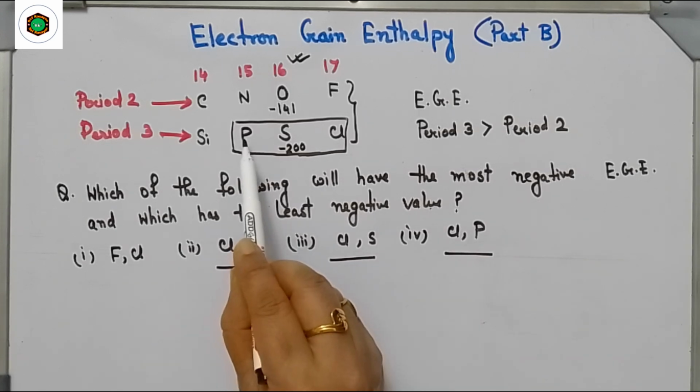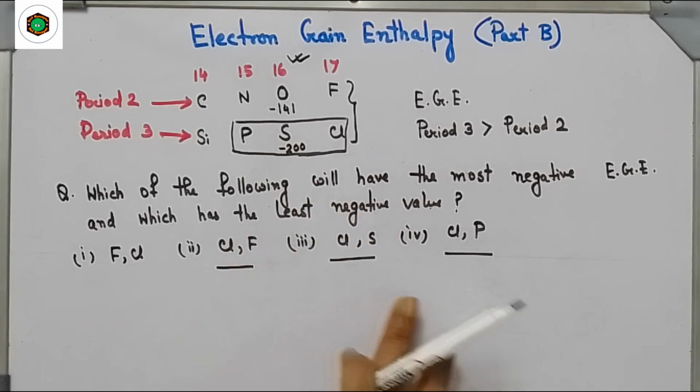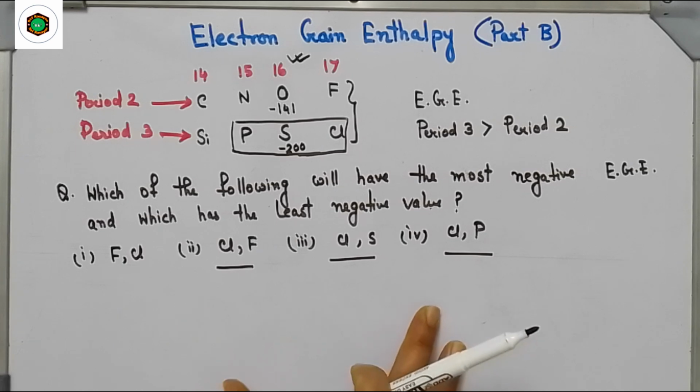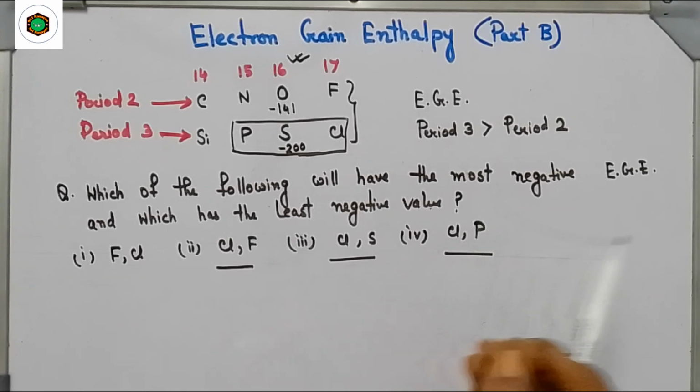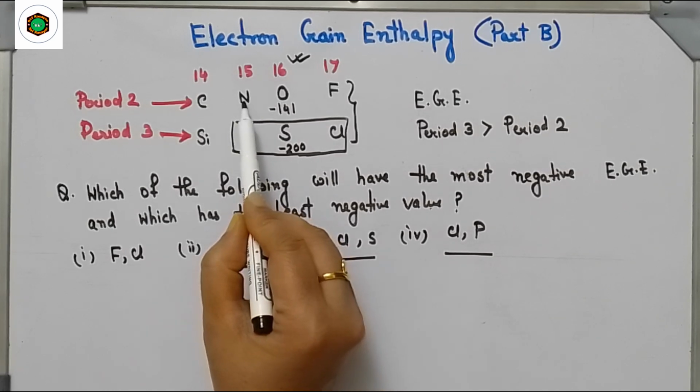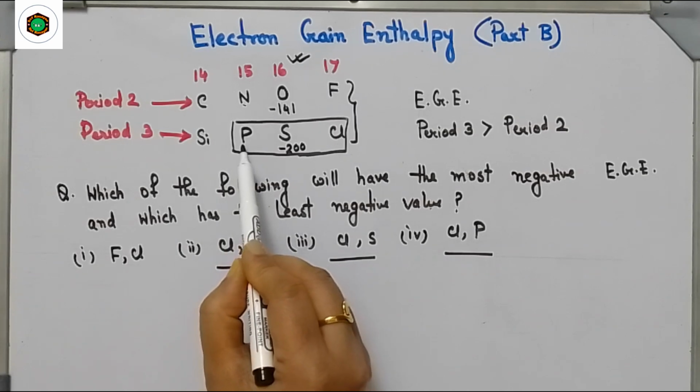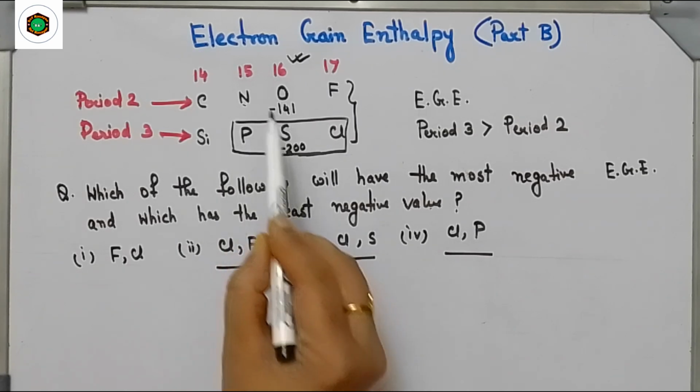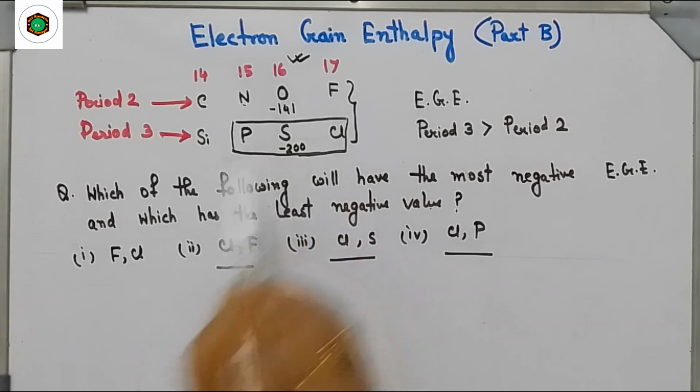Now see, we have seen the electronic configuration of nitrogen and phosphorus; all have stable valence shell electronic configuration. It is very difficult to add one electron. That's why for nitrogen, the first electron gain enthalpy value is positive, and for phosphorus it is less negative than all those three.